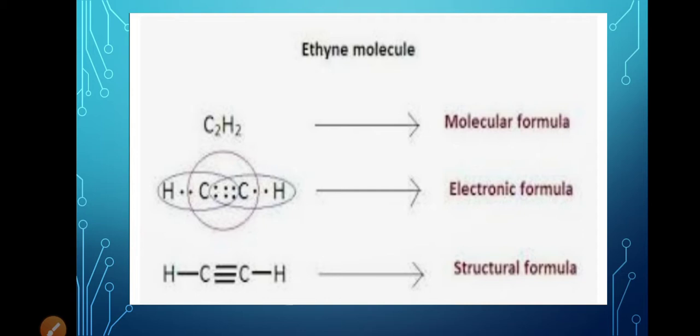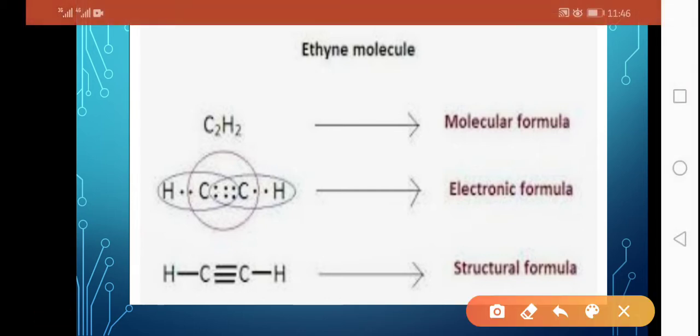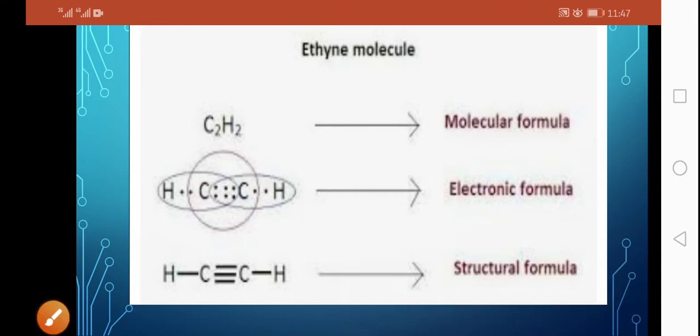The first one is the molecular formula, which is C2H2, and the second is the electronic formula, or in other words the Lewis structure of C2H2, in which you can see an electron pair between carbon and hydrogen on each side, and the two carbon atoms sharing three pairs of electrons.